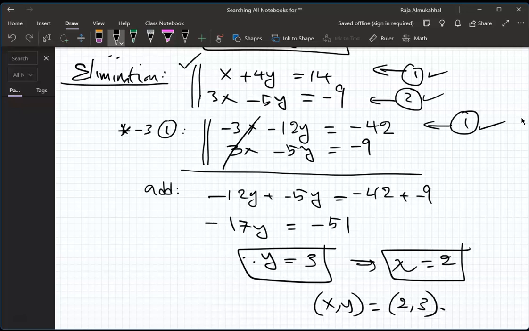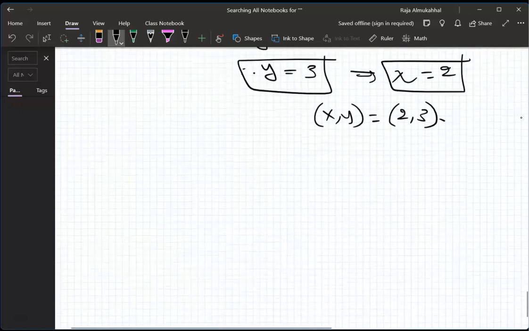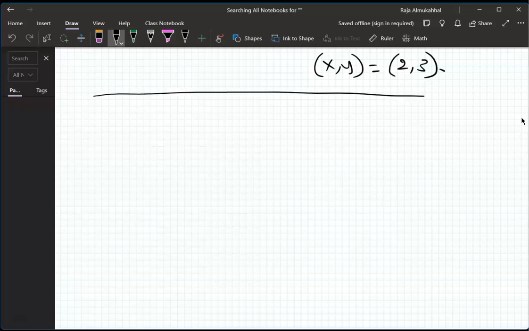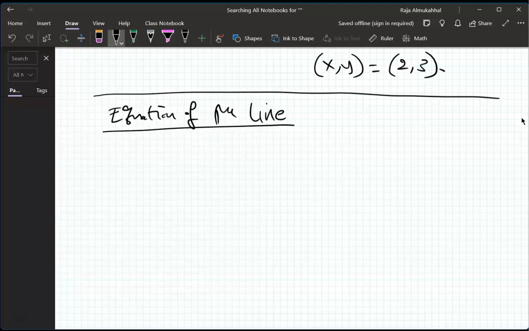I want to move on now to a little bit of geometry, equation of the line. As you know, if I have the Cartesian system, x and y system, here it is.